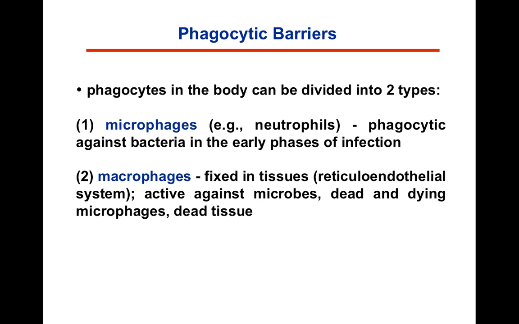They're active against microbes, and they clean up dead and dying macrophages, as well as dead tissue. It's an interesting function. They clean up the garbage of cell debris that's around, convert it to nutrients, and also act as first line soldiers going after viruses and bacteria.